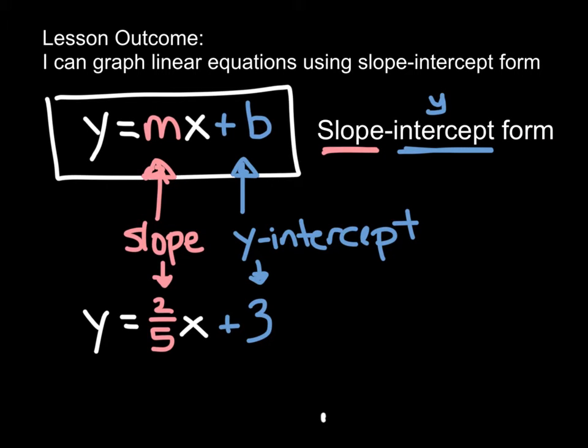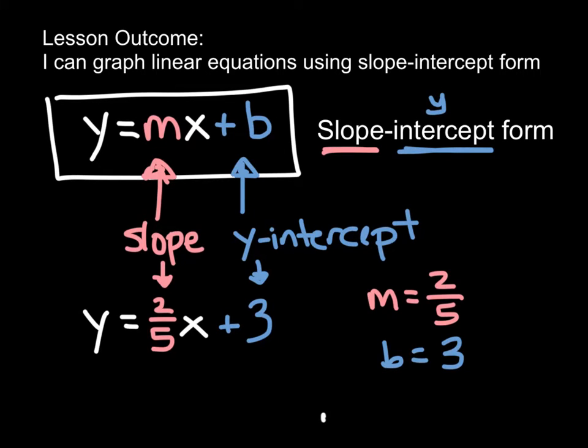So oftentimes we will ask for you to look at an equation in slope-intercept form and tell what the slope is and what the y-intercept is. So off to the side over here I will write m equals 2/5 and b equals 3. Now let's remember that b represents our y-intercept, and our y-intercept is a point on the y-axis.